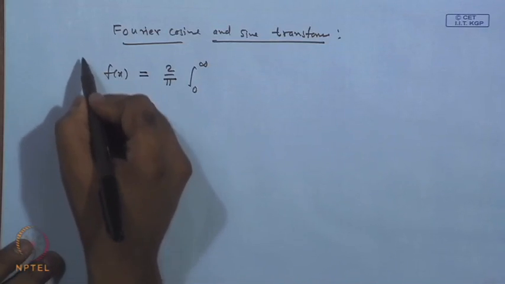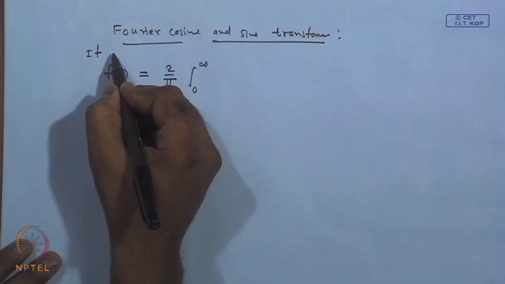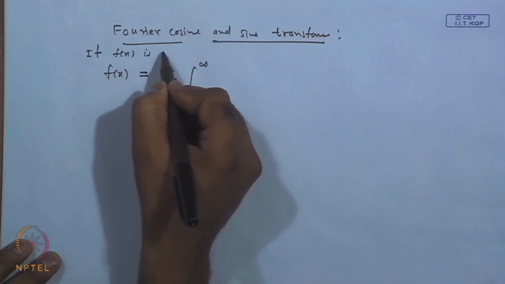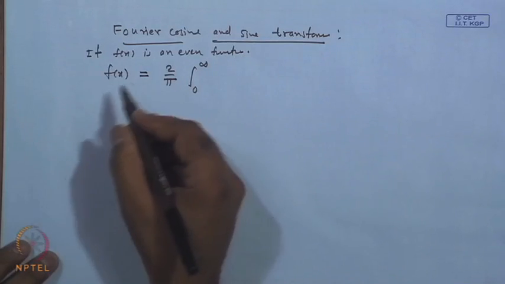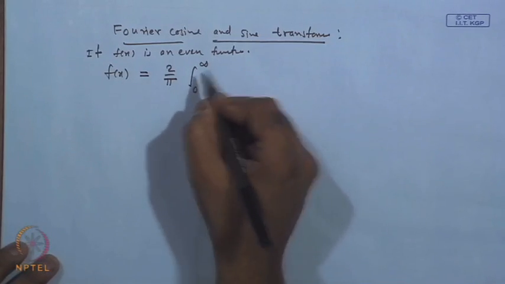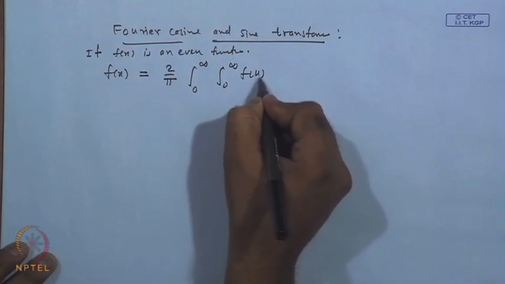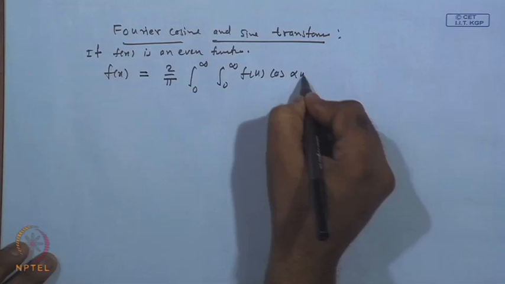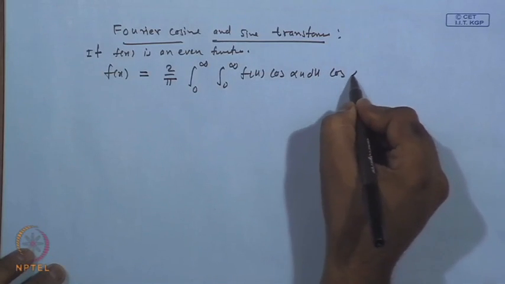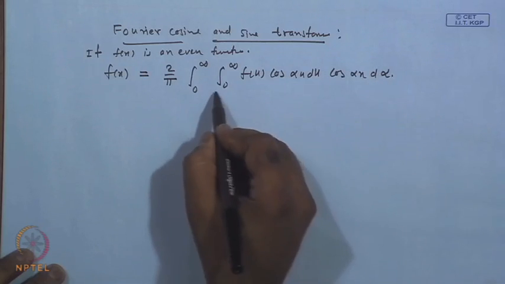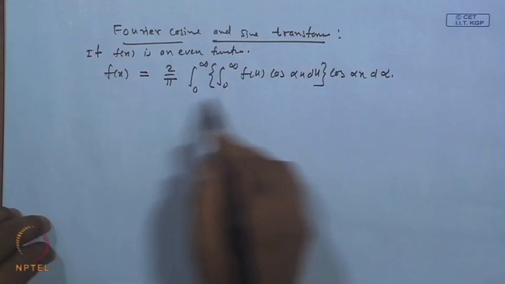This is the first case, for the cosine one. If function f x is an even function, then this Fourier cosine representation will be 0 to infinity, f u cos alpha u du, and then we have this cos alpha x d alpha. So, 2 over pi this and this.